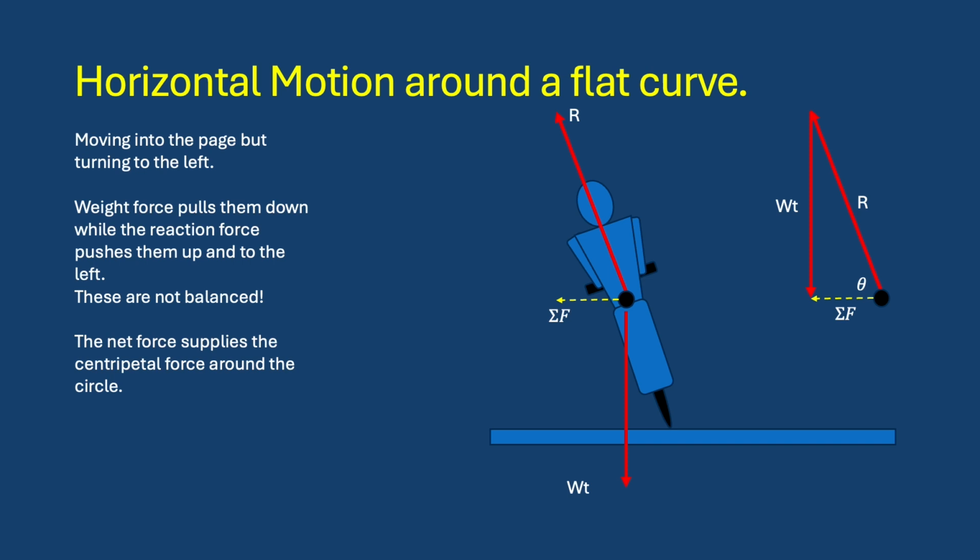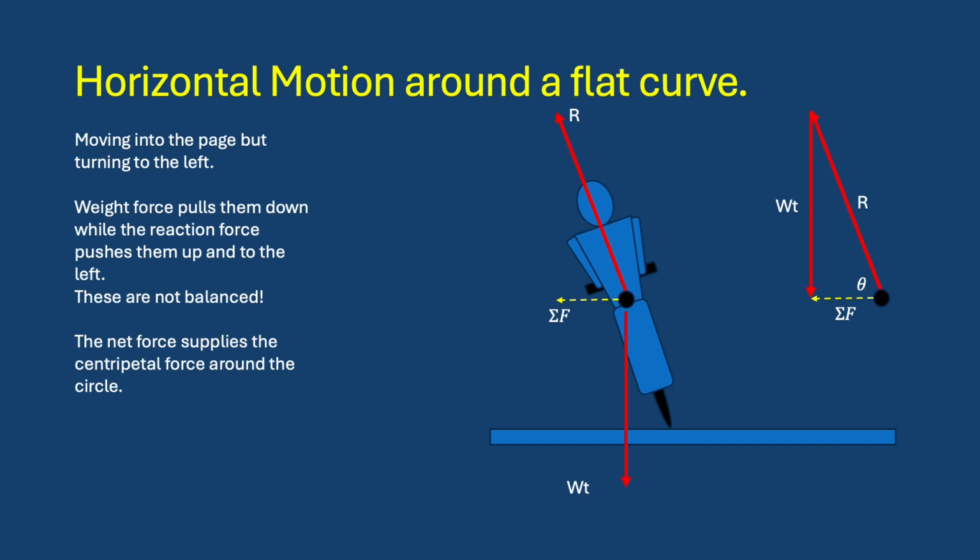The unbalanced sum of these two forces, we're going to call that the net force. And you can see in the diagram here it is yellow with dashed lines, the net force. This net force is horizontal to the left, and it's pointing towards the center of the circle that our cyclist is moving through. The net force is the sum of the weight and the reaction forces.